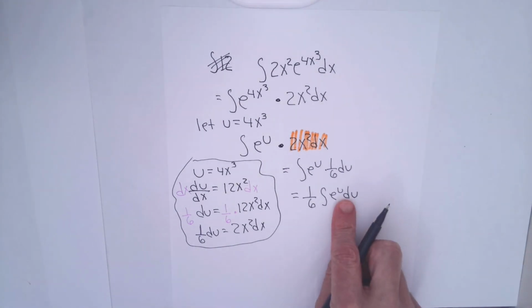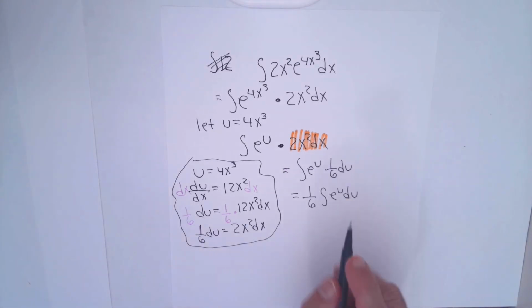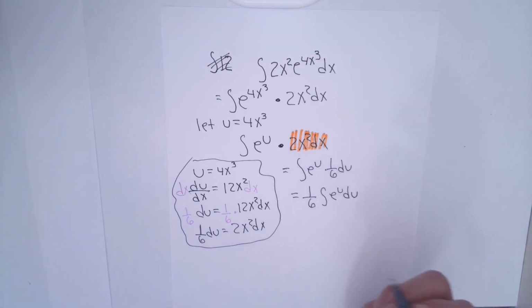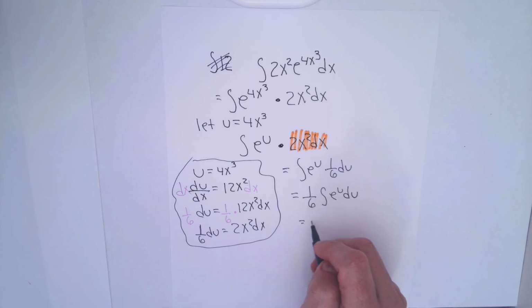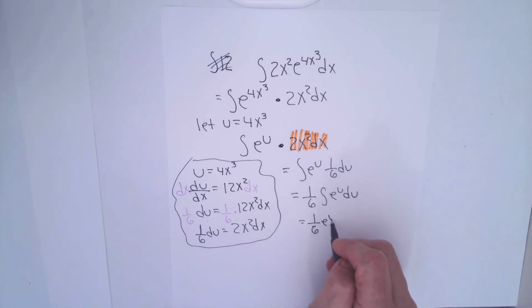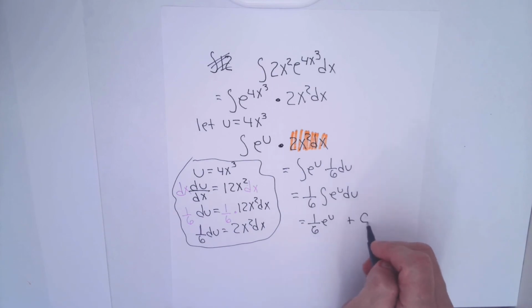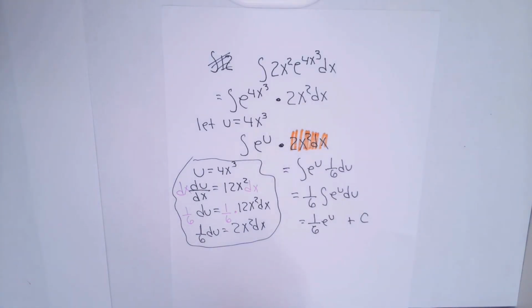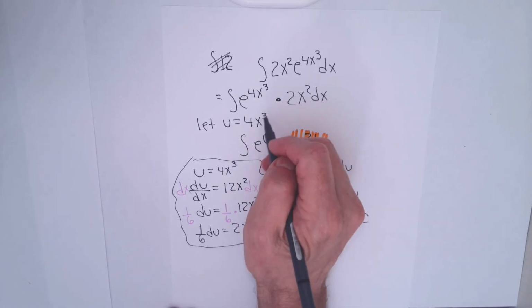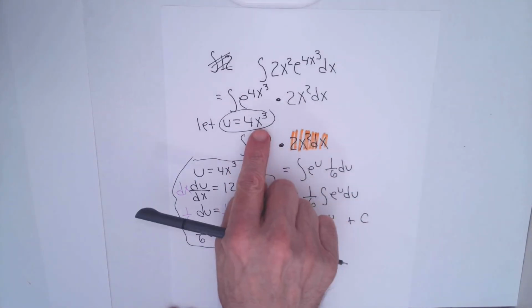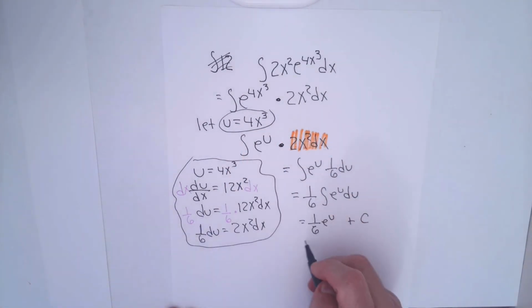E is its own integral if the exponent is just a letter to the first power, 1x to the first power, 1u to the first power. So this integrates to its own self, and I get the plus c. Not good enough, because my answer can't have u's in it since the original problem didn't have u's. How do I get rid of the u's? I do that unwinding of my u. I'm going to change the u back to 4x cubed.